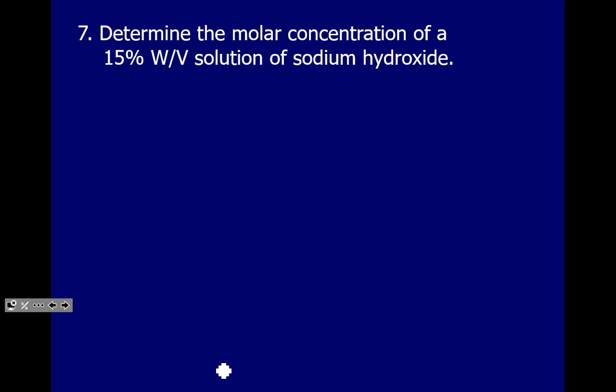Okay. Notice it says determine the molar concentration. I told you that when you get a question that says determine the molar concentration, write this down. What should you write down? C equals N over V, and then go looking for that information. Yesterday I told you what 15% W/V stands for.